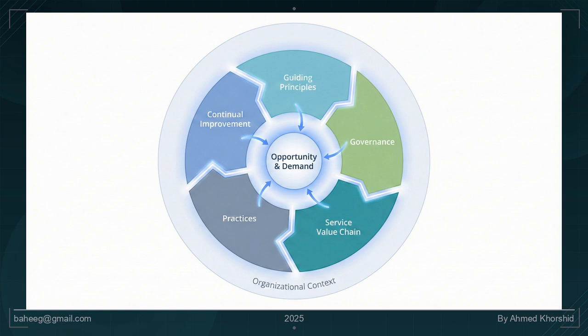A large, faint outer circle encloses the entire model, labeled organizational context. Use arrows or a subtle glow to show dynamic interaction between all components and the core. Style: flat vector design with a professional color palette, blues, greens, grays. Composition: balanced and symmetrical, emphasizing interconnection.